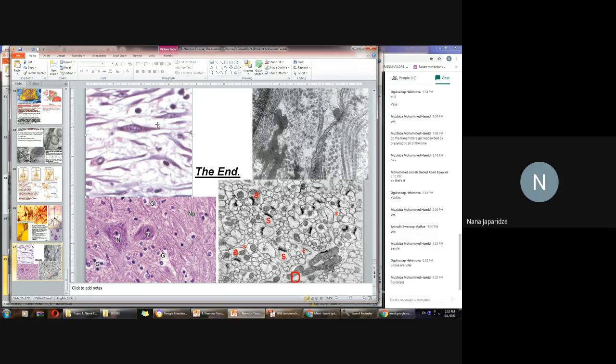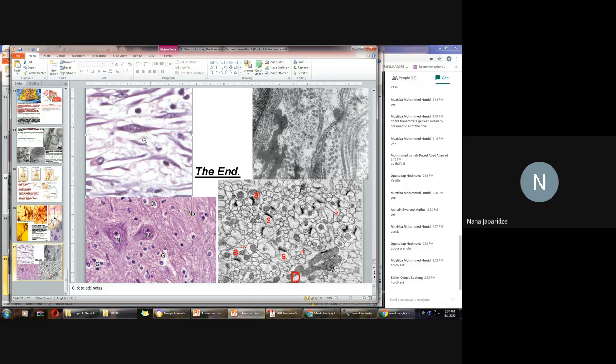Exactly. Thank you, Mustafa. And thank you, Esther. You can see here the other type of cells too, this one, or that one. Fibrocytes, inactive fibroblasts actually, or less active.